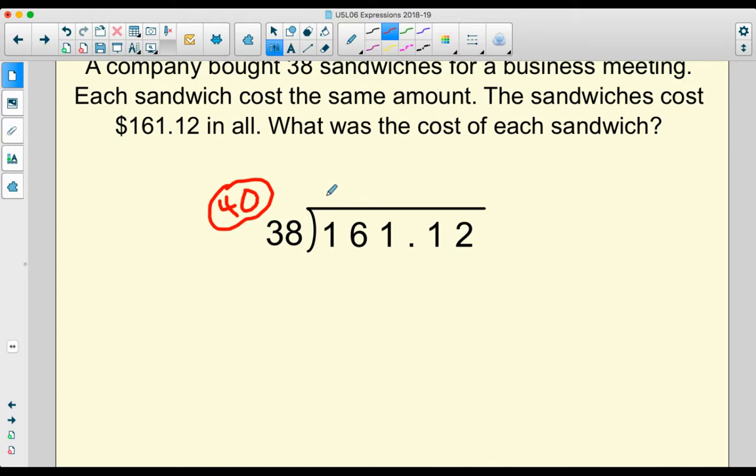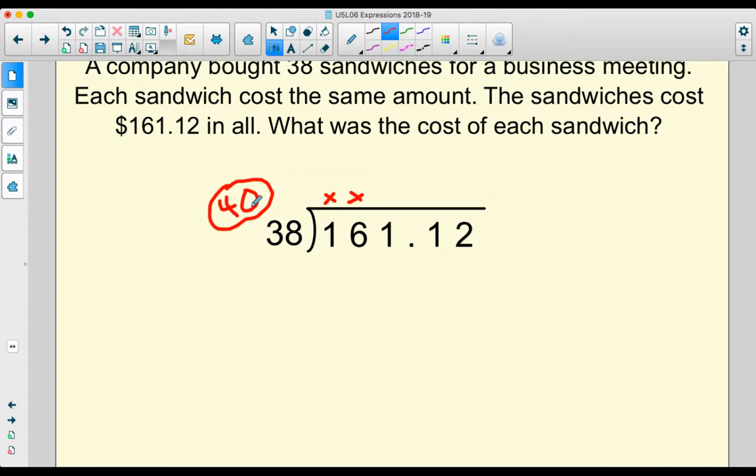Can 1 be divided by 38? Nope. Can 16 be divided by 38? No. So I can't put 1 hundred into a group of 38. I can't put 16 tens into it. But I can put 161 ones into a group of 38.